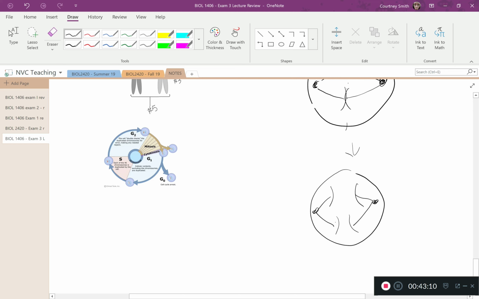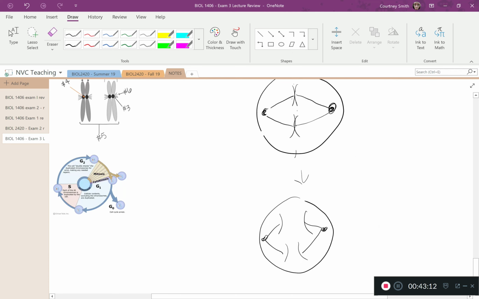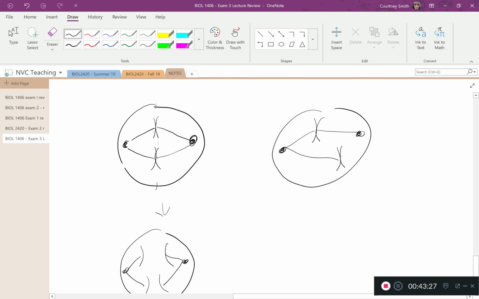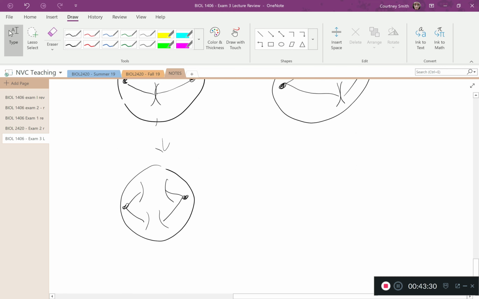Okay? Whereas if they weren't lined up in the middle, let's say that it was a little bit more asymmetrical. Oh, that's a terrible cell, sorry guys. Let's say that one was closer to the other pole. So what might happen is that, yes, it may be attached, but since it's not in the middle, something like this may happen.